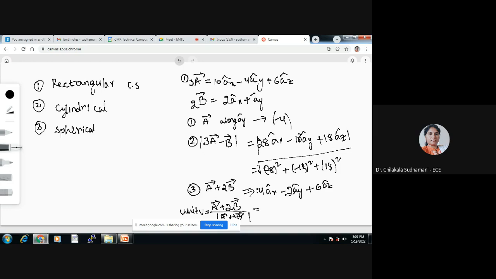So this vector divided by the square root of its magnitude: 14 squared plus (minus 2) squared plus 6 squared. If you simplify, you'll get the unit vector.